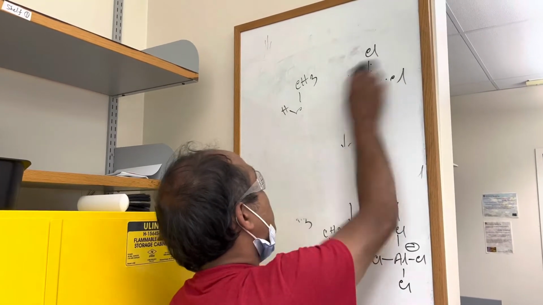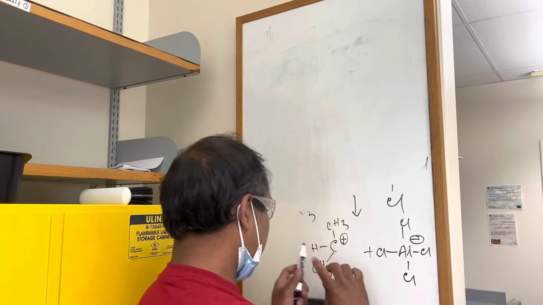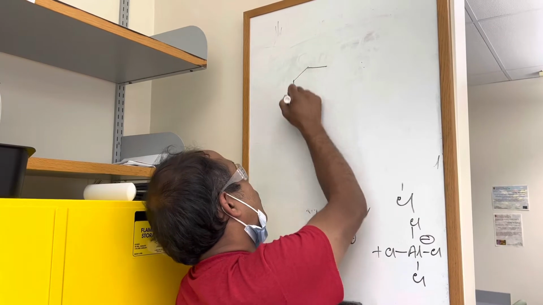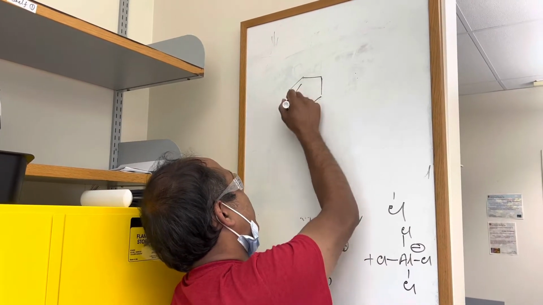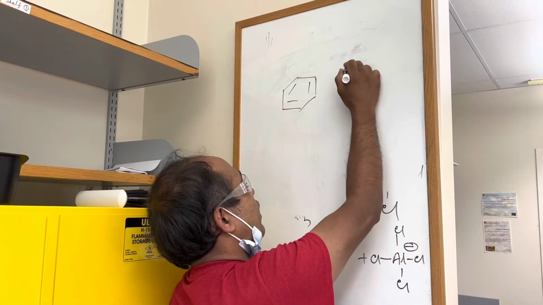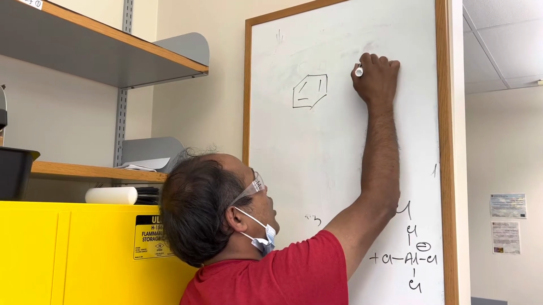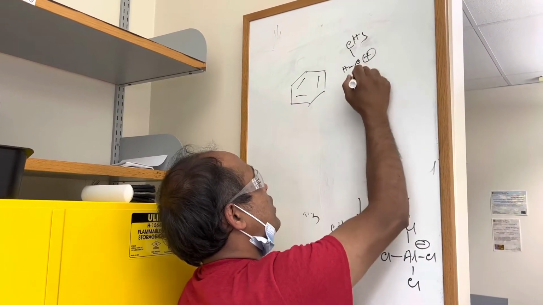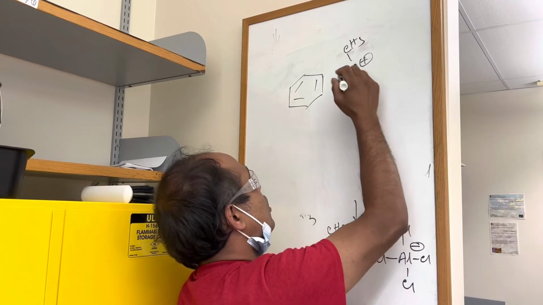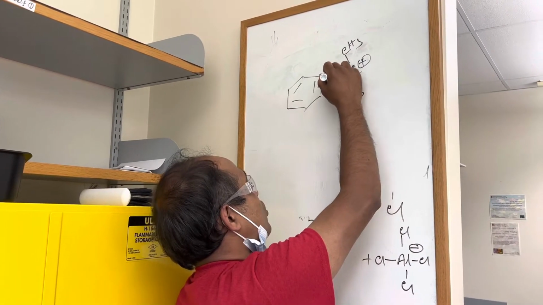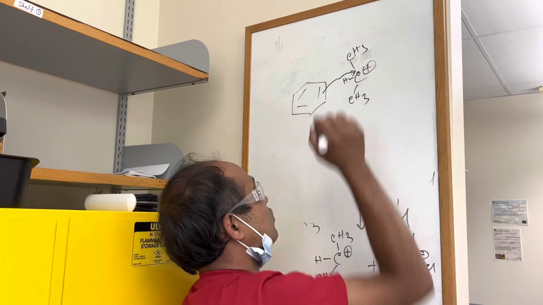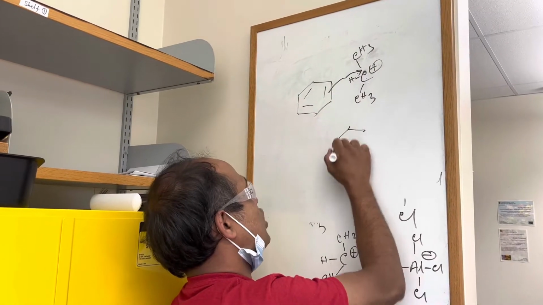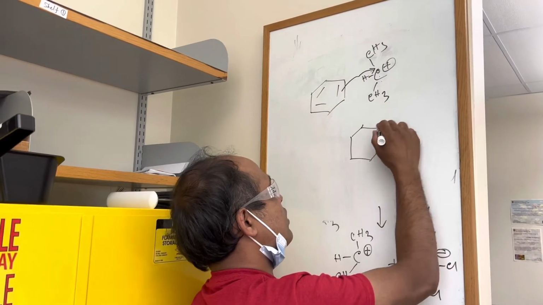Now, when you have the aromatic ring and the carbocation is close by, with methyl, hydrogen and methyl, these electrons will go to this carbon, and ultimately it will form like this.